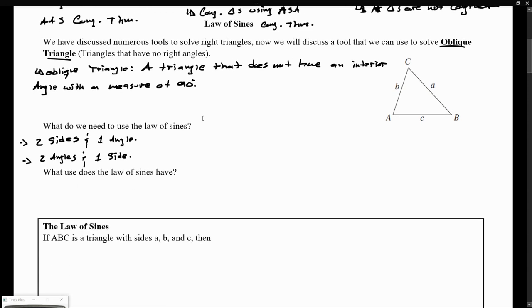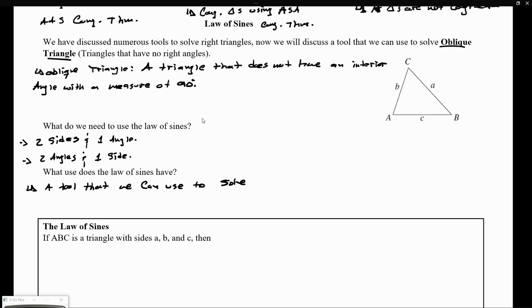And the most important thing is, what use does the law of sines have? Well, the law of sines is a tool that we can use to solve or to find measurements of sides or angles in a triangle.